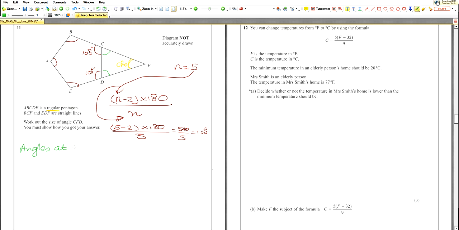Angles at a point on a straight line add up to 180 degrees. Okay, so which ones are we talking about? So the angles at point C, i.e. at point C and point D in brackets.